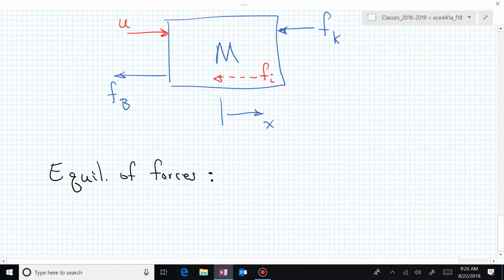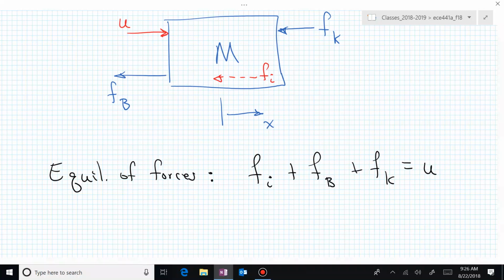If they were all going to the left, it would equal 0, because there would be nothing going to the right. But in this case, we have some going left, some going right. What do we have? We have F sub I, the inertial force, plus the dashpot force, plus the force due to the spring, equaling the applied force U.